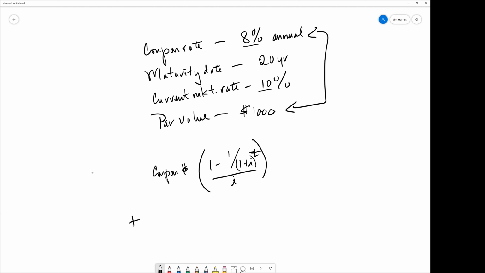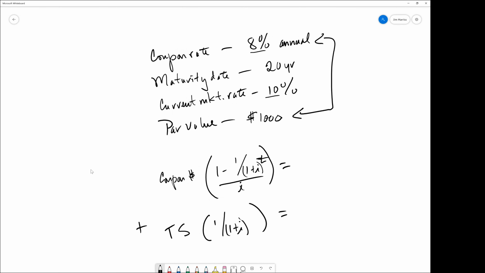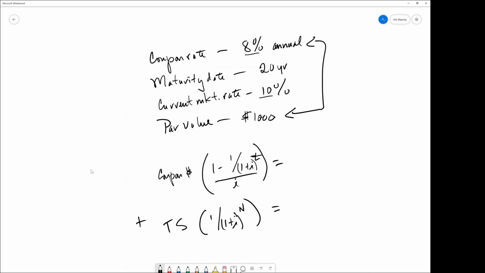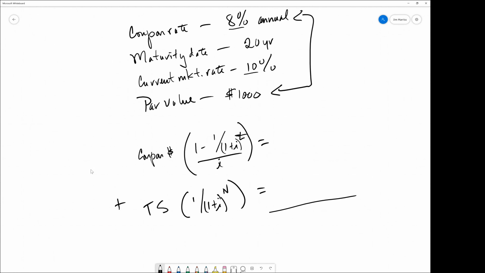Plus, you're going to have the terminal sum, which is $1,000, and you're going to only get that once, so you're looking at the present value of the terminal sum. And you're going to add that up, and that's going to be the present value of the bond. That would be the most that you would pay for this thing if you wanted to earn 10%.